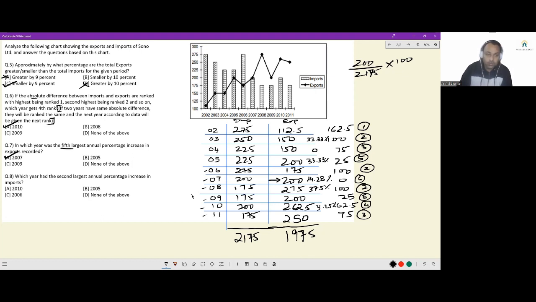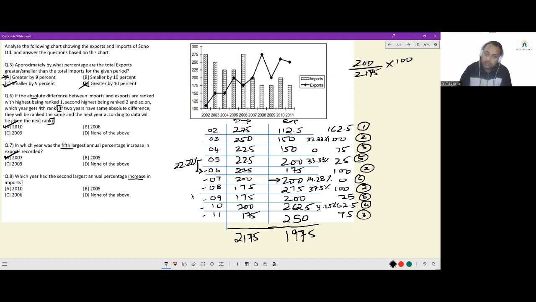Last question. Which year had the second largest annual percentage increase in imports? Was a decrease, was a decrease, was a maintenance, was an increase. So year to year, there's an increase of 50 by 225 or 2 by 9. So it is 18.1, no, 22.22%. 22.22% increase from 5 to 6.